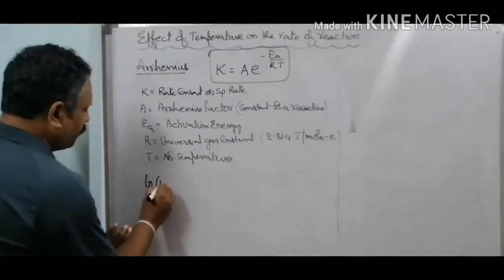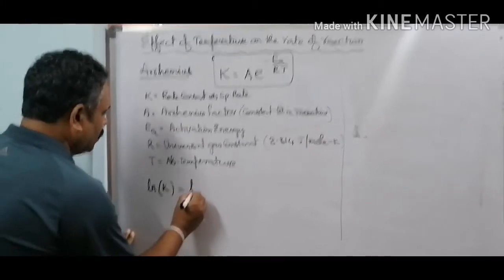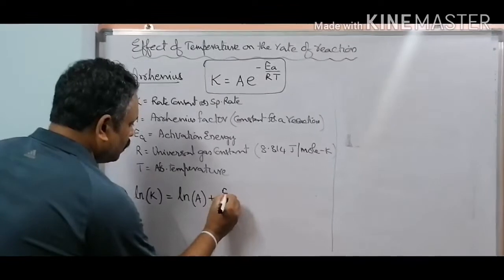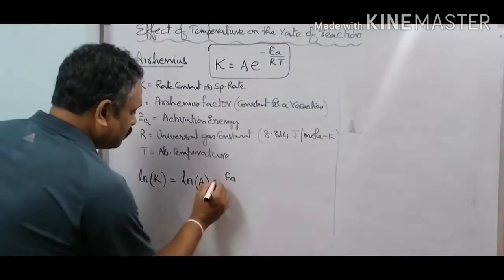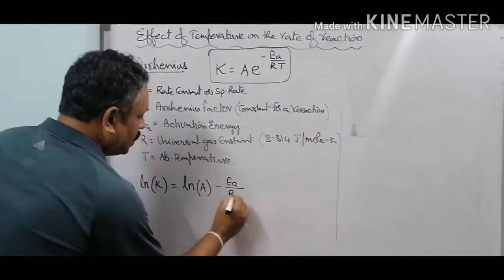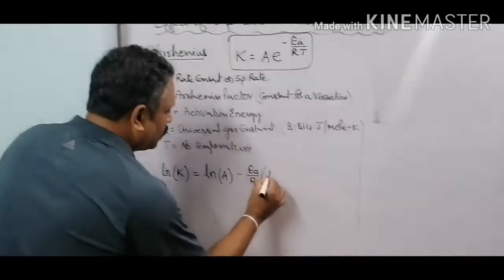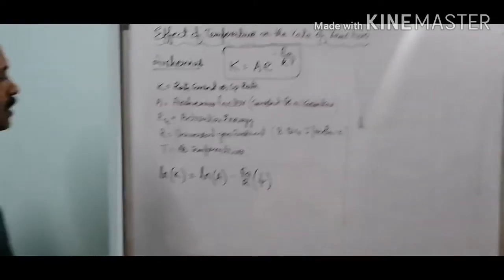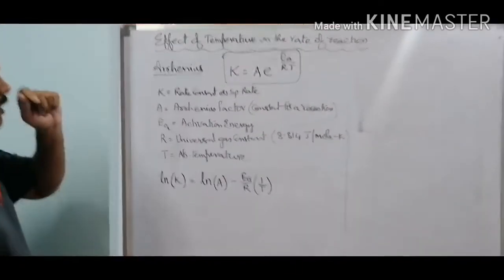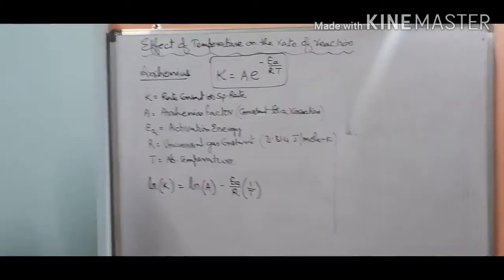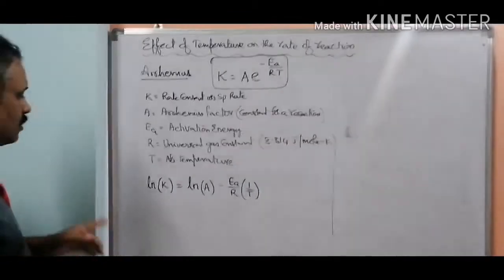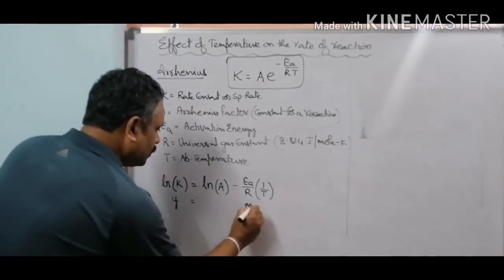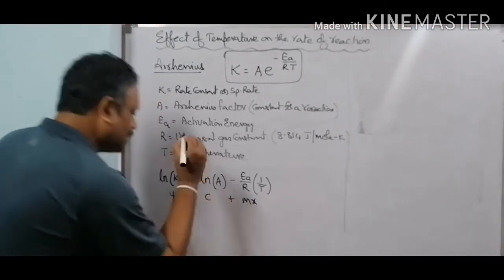So ln k = ln A, not plus, it's minus Ea/R into 1/T. That is how the logarithmic relation for that equation will be. Now, this equation is in the form of y = mx + c.